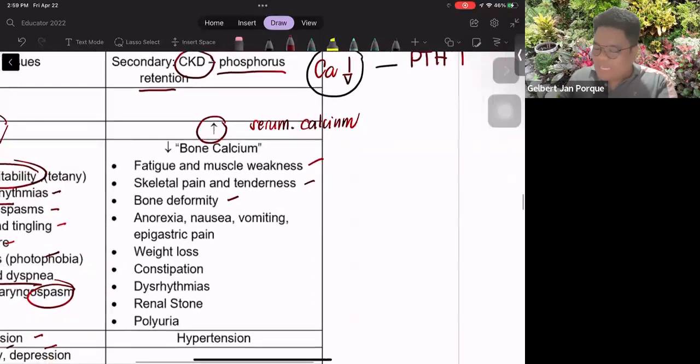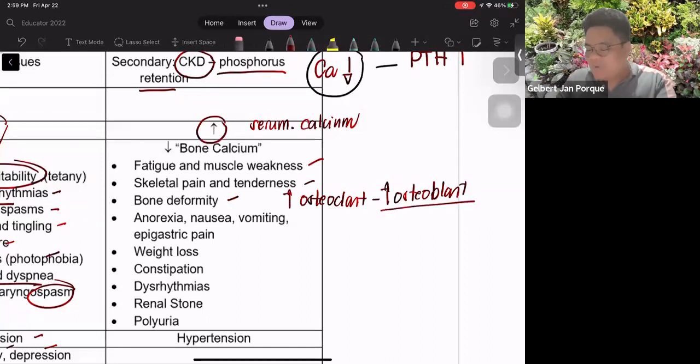The bone deformity is because of the imbalance of your osteoclastic activity and osteoblastic activity. Initially, when your osteoclast increases, your osteoblast would try to compensate. The osteoblast says, osteoclast, you cannot dominate. So your osteoblast would also try to compensate.